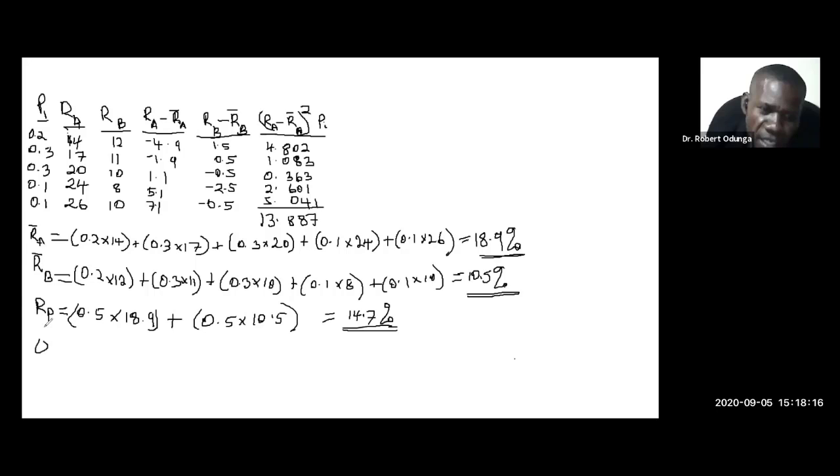So for A, our standard deviation for A is equal to the square root of 13.887, which gives us what?